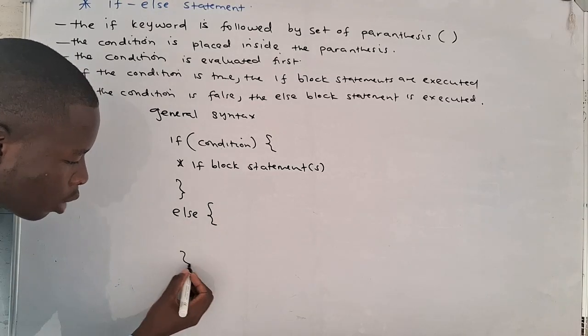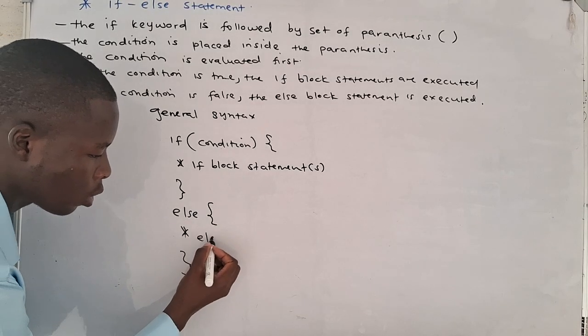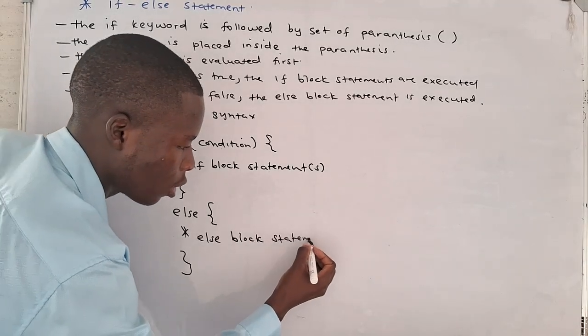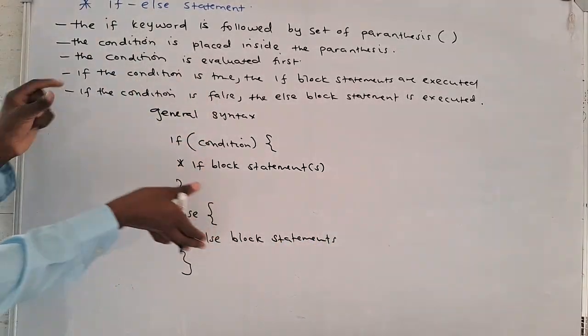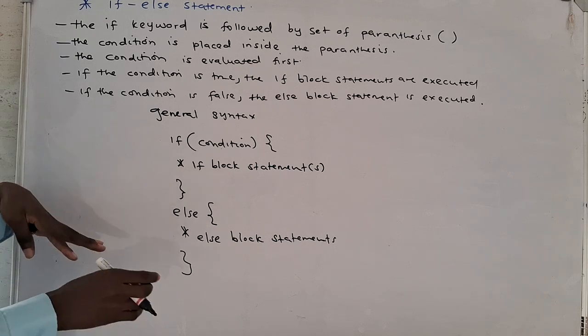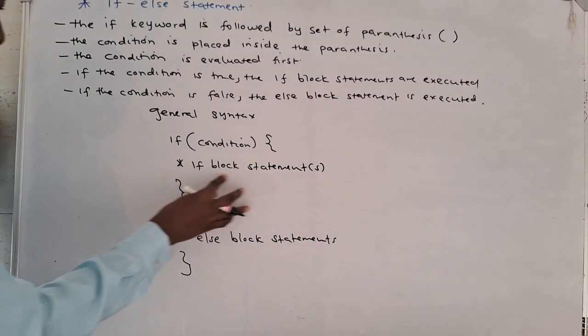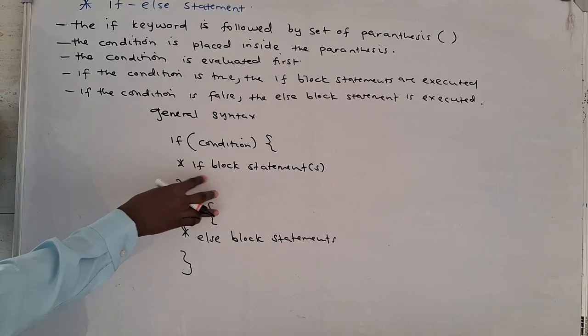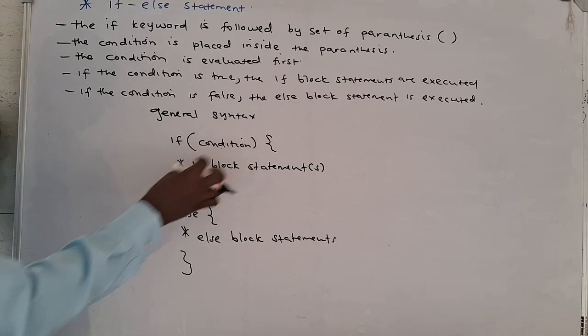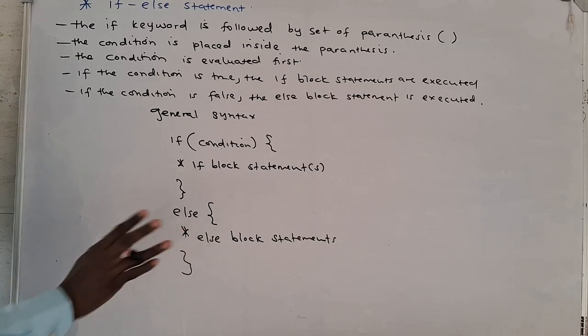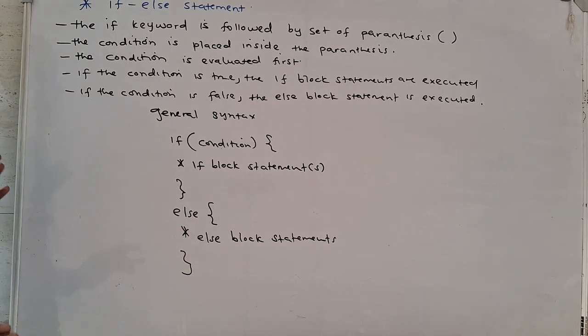So this is the else block, the else block statements. How is this going to be executed? If the condition is true, these statements are going to be printed. If the condition is false, the else block statements are going to be printed. This is over.